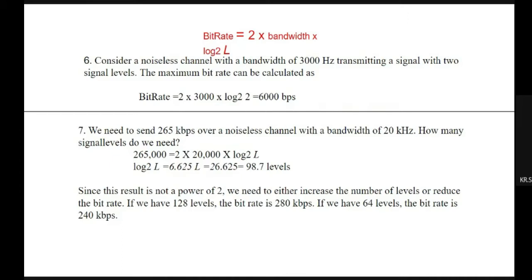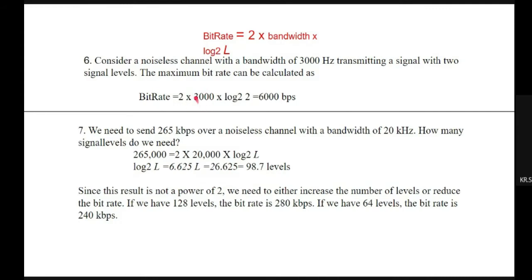The formula for the bit rate is 2 into bandwidth into log 2 of L. So we can apply the values. 2 into the bandwidth 3000, and log 2 of L, where L is 2, because the transmitting signal has 2 signal levels.